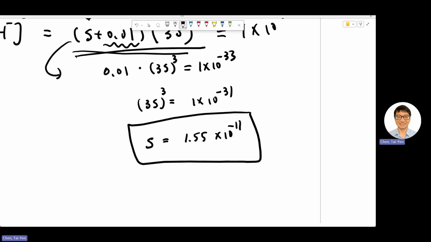Okay, one thing I want to mention is, what's the answer here? 1.55 times 10 to the negative 11, right? How many of you display your answers in scientific notation on your calculator? Okay, now everybody, right? If you don't do that, what are you going to see? 0. Will I count that as correct?